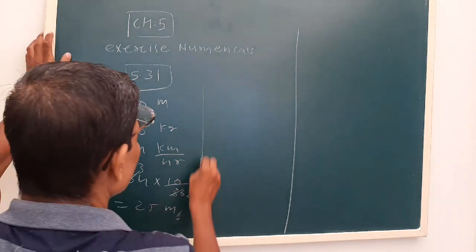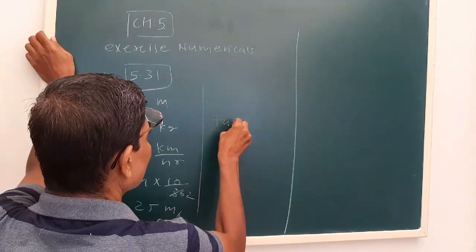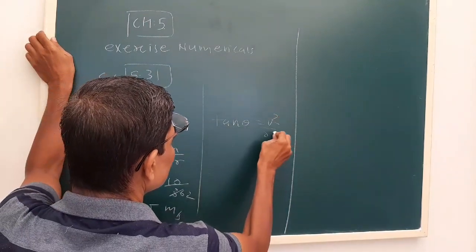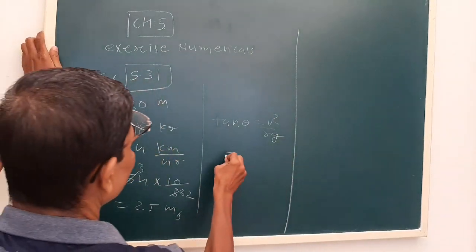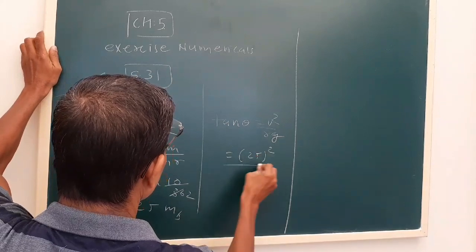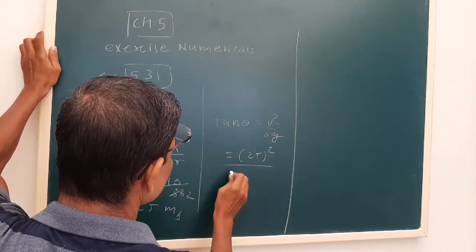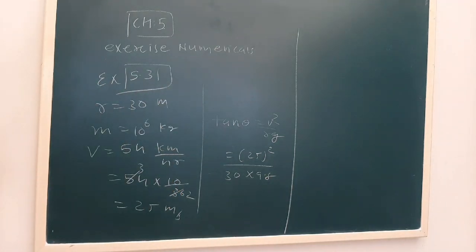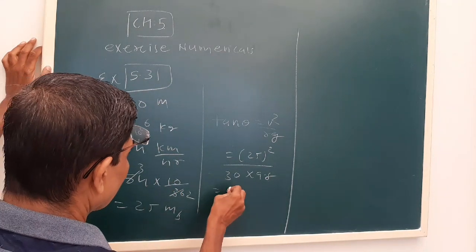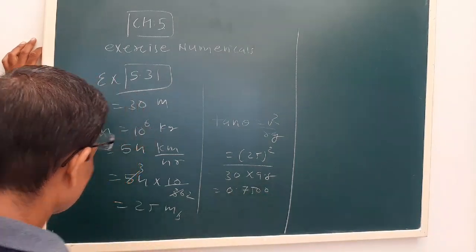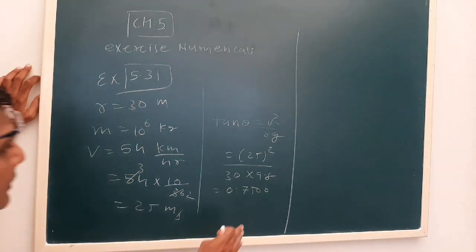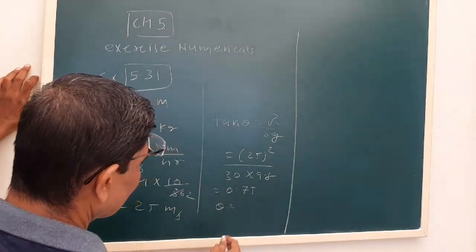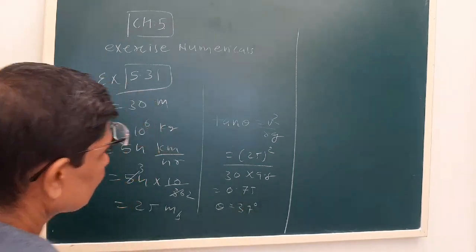Earlier we proved that tan theta is v square by rg. Now v is 15, r is 30, g is 9.8. If we solve, we'll get 0.75, and theta from the natural tangent will be 37 degree.